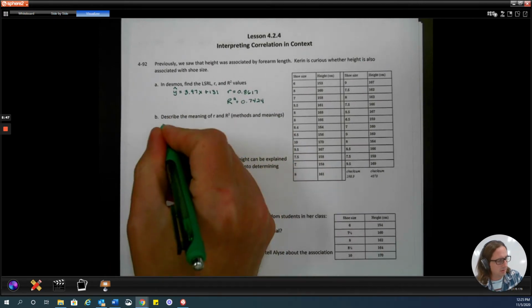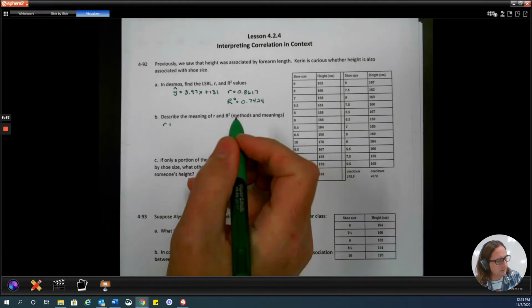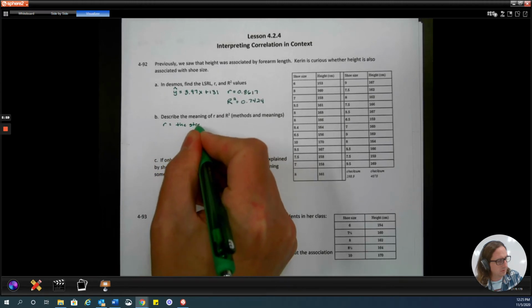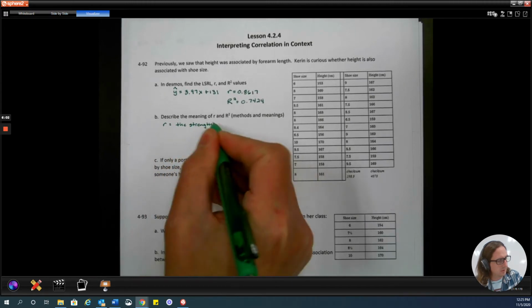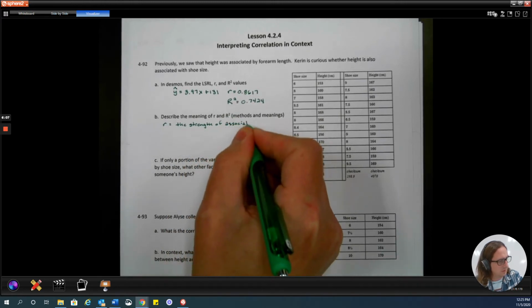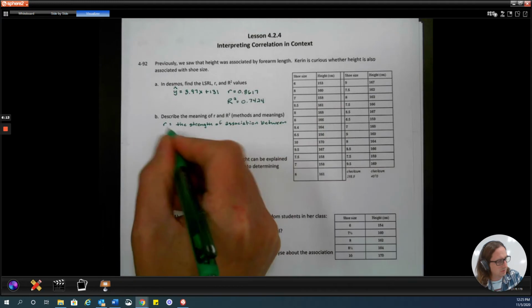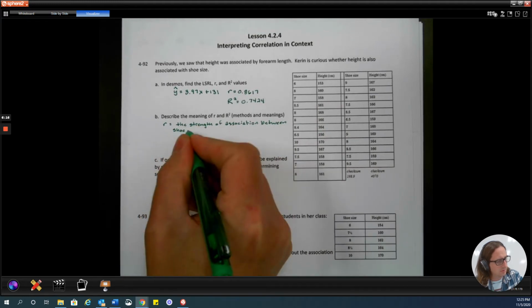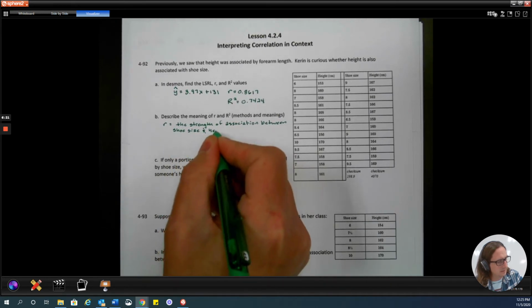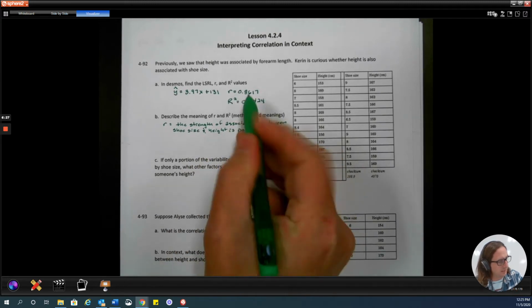So the R, in this case, means that the strength of the association between shoe size and height is positive because it's a positive R number.